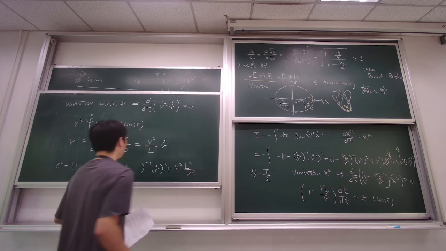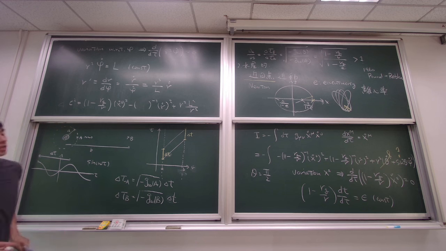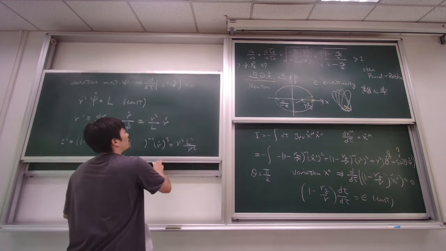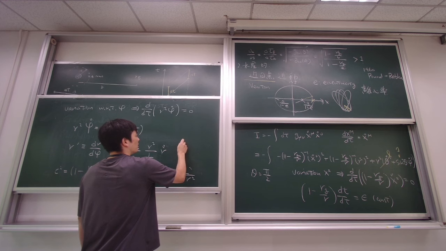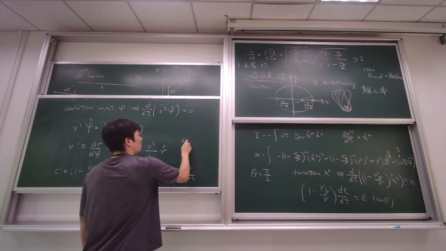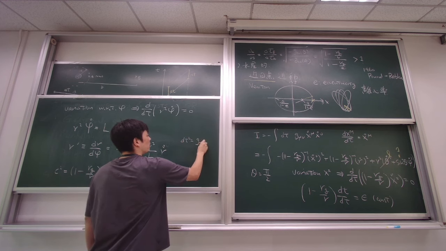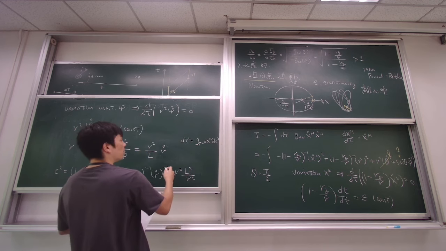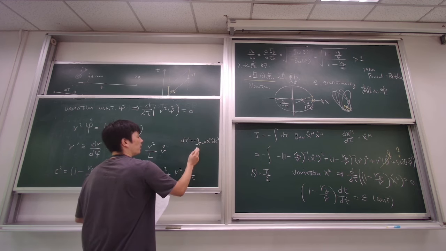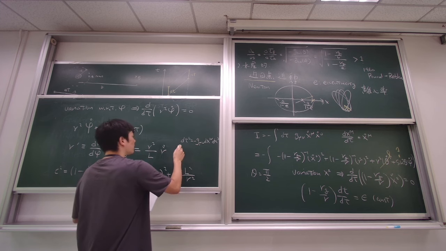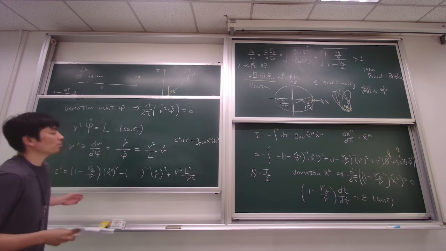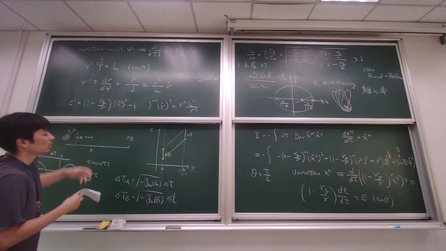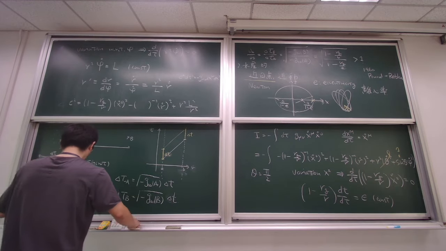Okay. So here I use dτ² equal to g_μν dx^μ dx^ν, and most likely I need a minus sign here. I don't like c, but somehow I still pick c squared this way. And then you will get this one.